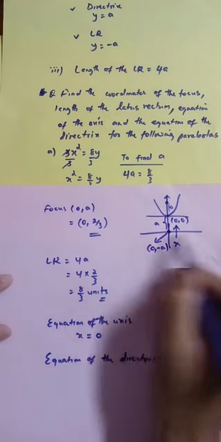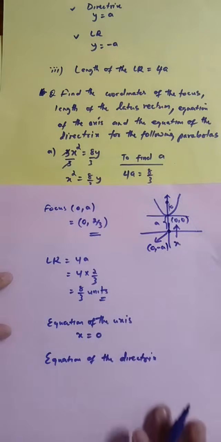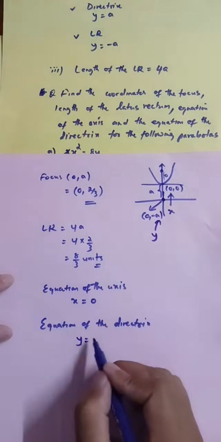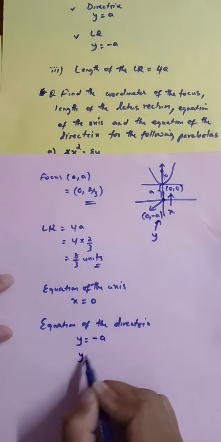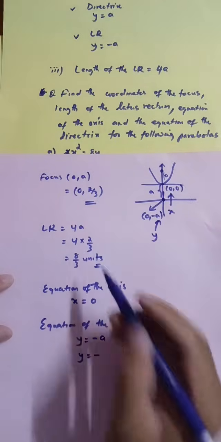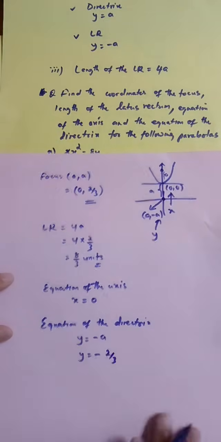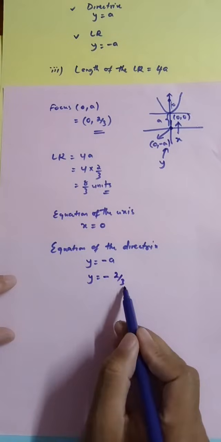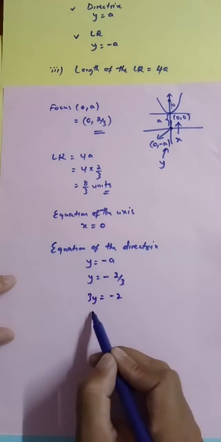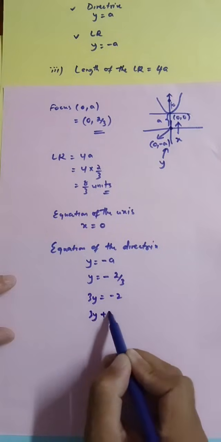So this is a horizontal line, y equal to the y coordinate. The y coordinate is negative A, which is negative 2 over 3. Cross multiply: 3 times y is 3y equal to negative 2. So 3y plus 2 equal to 0.